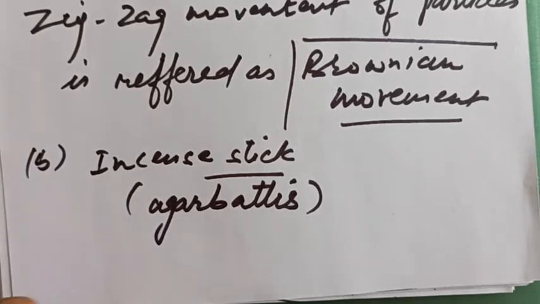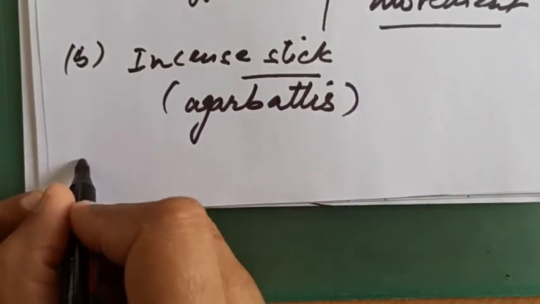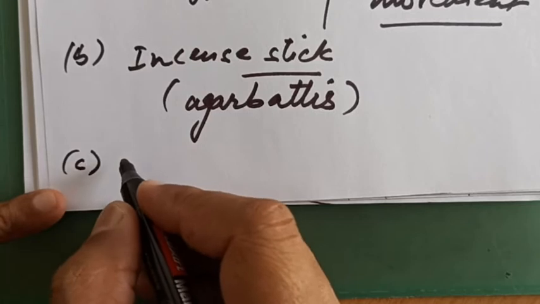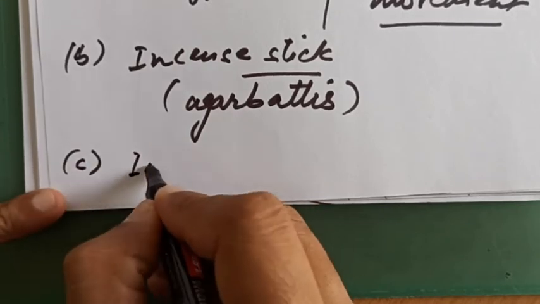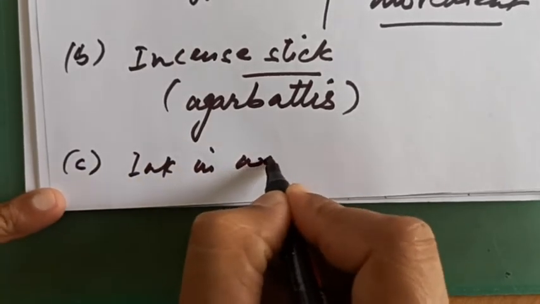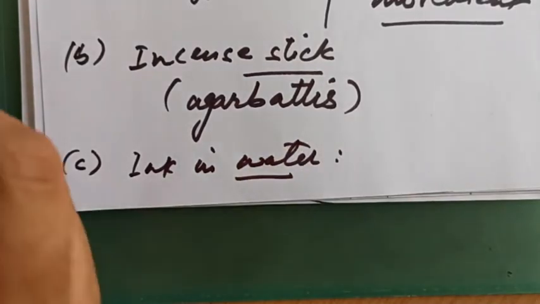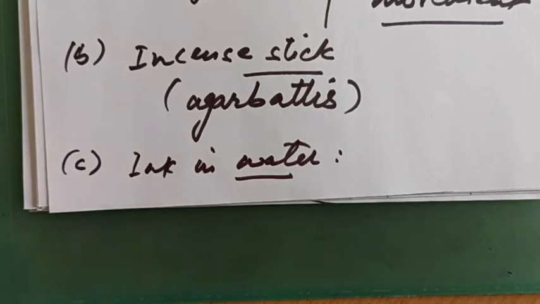And another activity that we can give, you also know that when you add ink in water, what will happen? It is observed that ink starts getting distributed in water, and slowly the whole of water acquires the color of the ink. Suppose ink is of blue color, then the water becomes blue. If ink is red, the water becomes red.